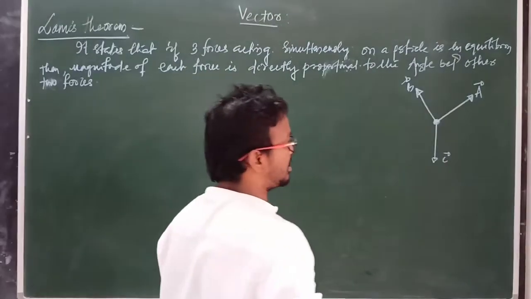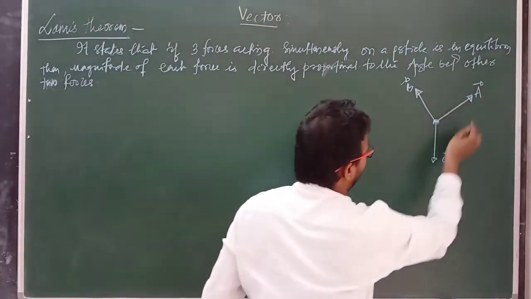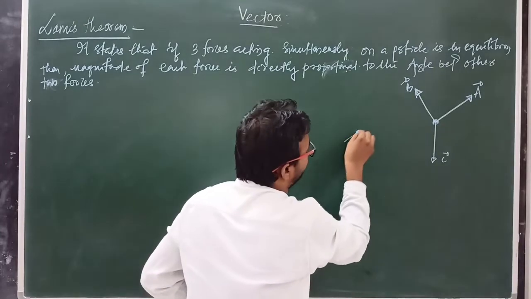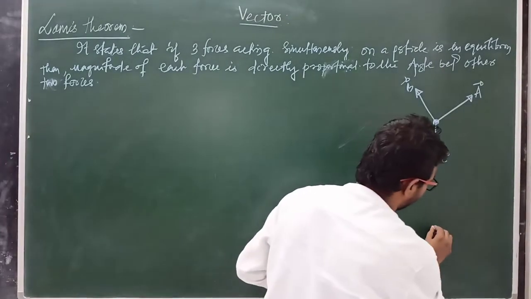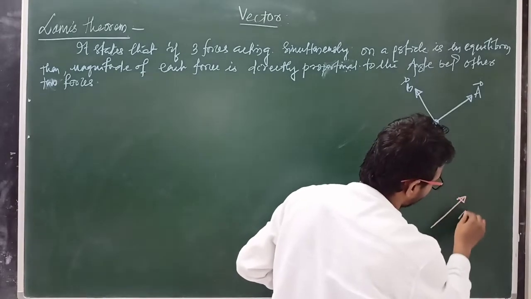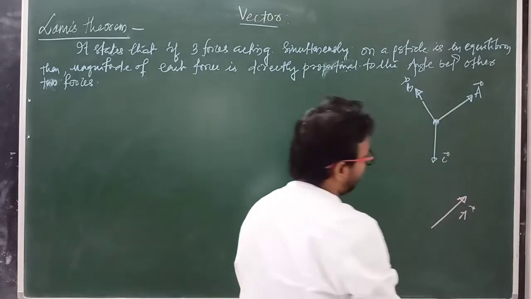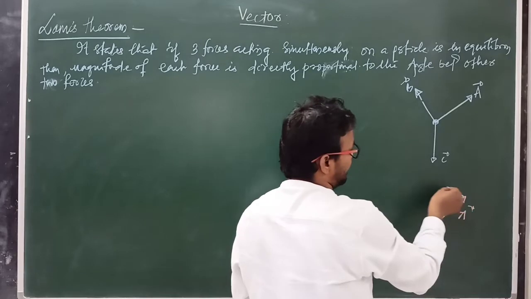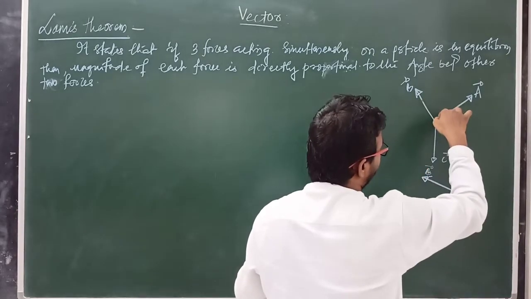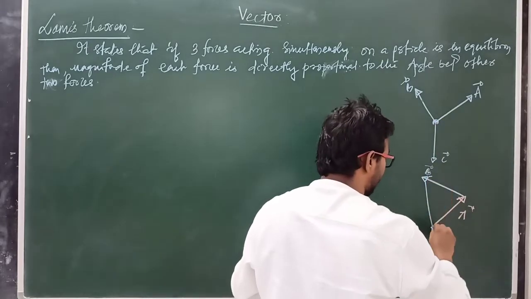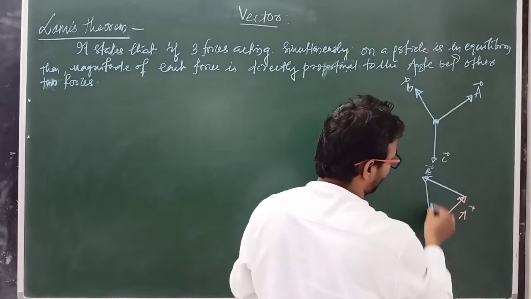So what is the equilibrium condition? Suppose this vector A, and another vector B, and another vector C, which form a closed triangle.